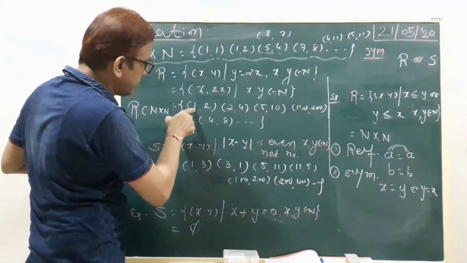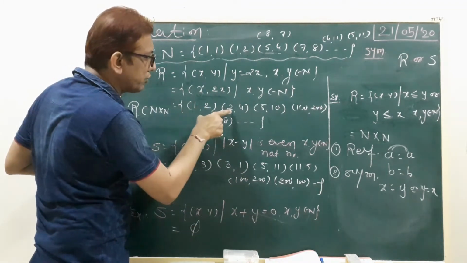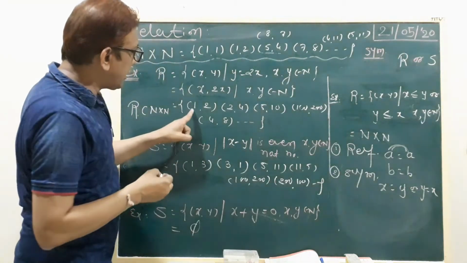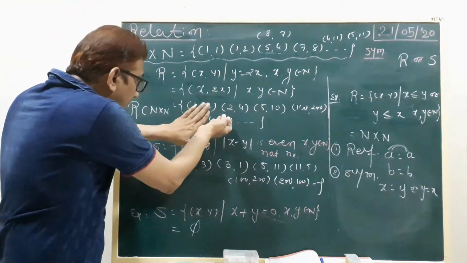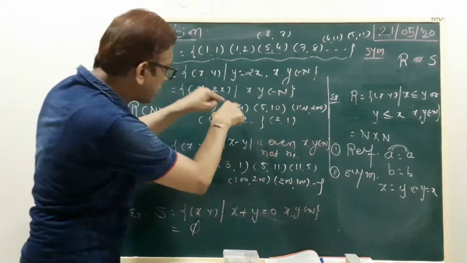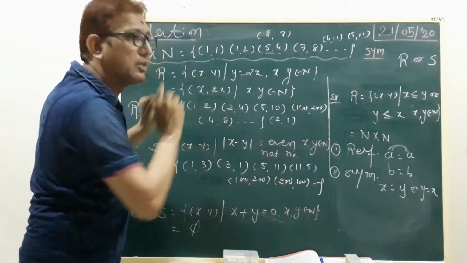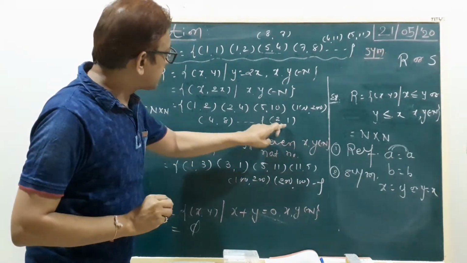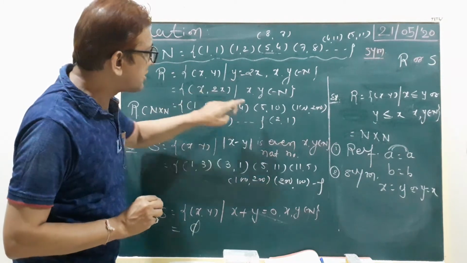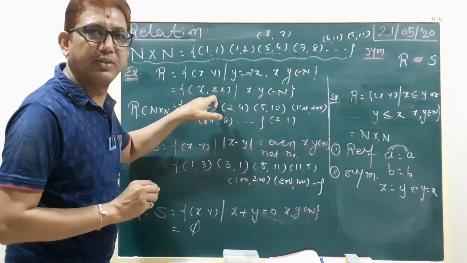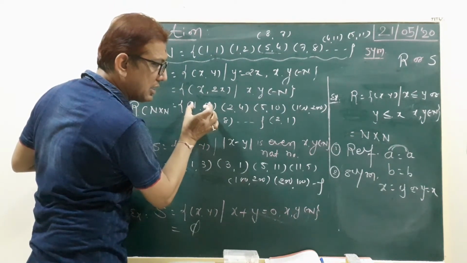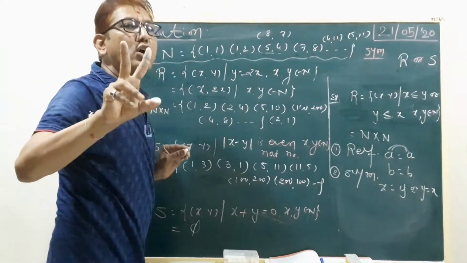Here 1 is related to 2, 2 is related to 4, 5 is related to 10. Here 1 2 is possible, but the converse of this bracket, 2 1, is not possible in this question. Why? Because our condition is that the second element is twice the first element, so 2 1 does not satisfy this.